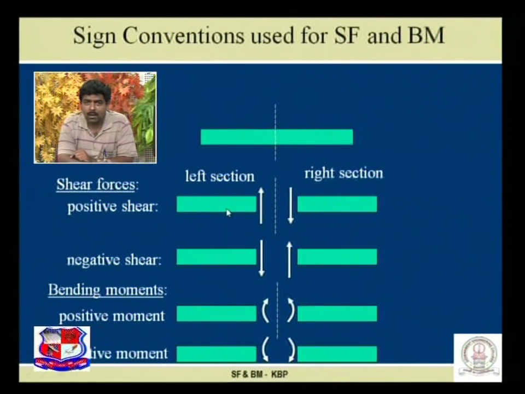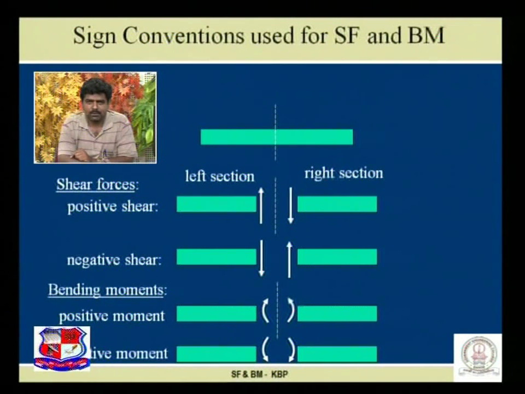For the left part, if a force has an upward direction, then it is to be treated as positive shear force. This is the sign convention that we have used throughout the series. Opposite to that, a force acting in the downward direction is treated as a negative shear force.